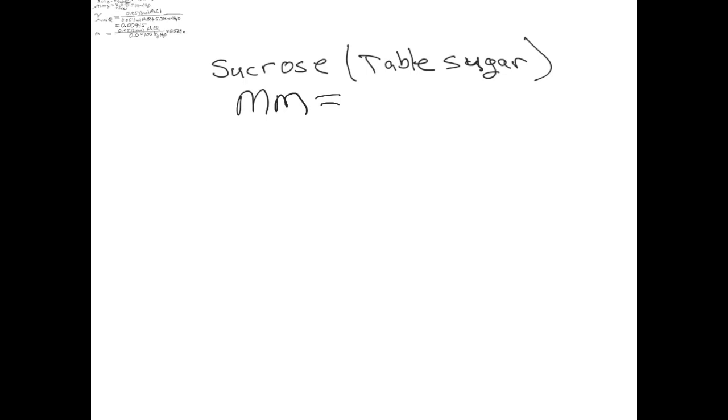Hey Siri, what is the molar mass of sucrose? The answer I found is 342.116 atomic mass units. Okay, thank you. 342.116 grams per mole. Okay, so that's useful.